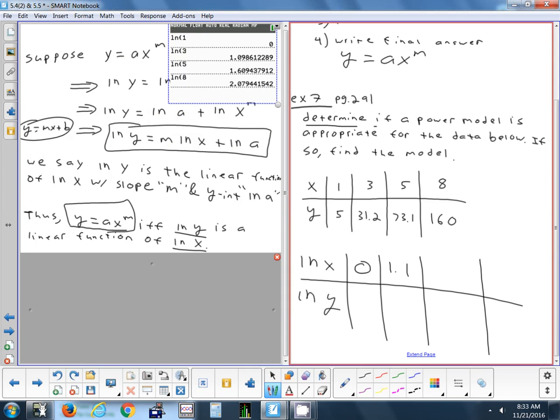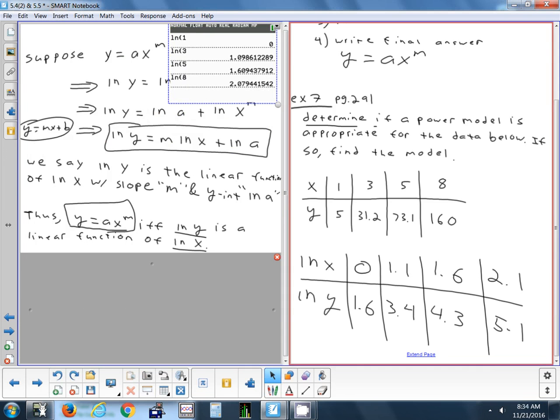So 1.1 is fine. 1.6, and about 2.1. I already know ln5 because I did that one. That's 1.6. Then 3.4, and then 4.3, and 5.1.